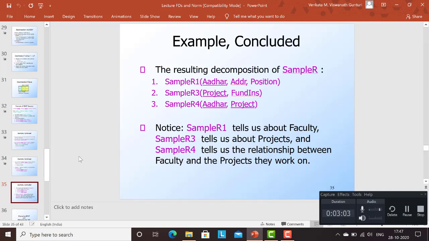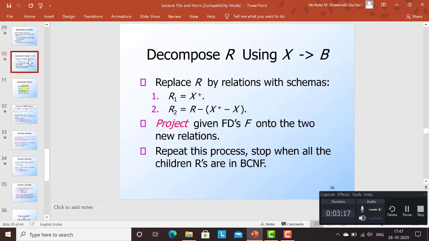If a question comes like this, where I give you a schema and some set of FDs, and ask you to decompose it into BCNF, you have to make sure that you follow the entire algorithm. One place where people miss is that they do not use the proper projection algorithm.